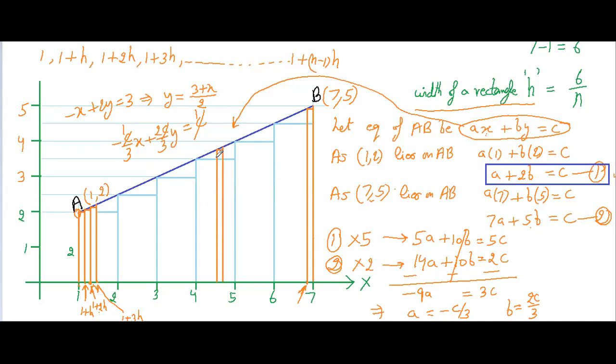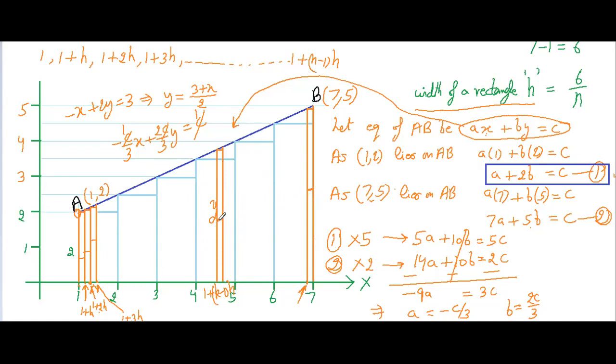Now I will make use of this intermediate rectangle. This height will be the y coordinate of this straight line, where the x coordinate can be written as 1 plus k minus 1 times h. Suppose this is the kth rectangle. This is the first rectangle, the second, the third, and the last is the nth rectangle.